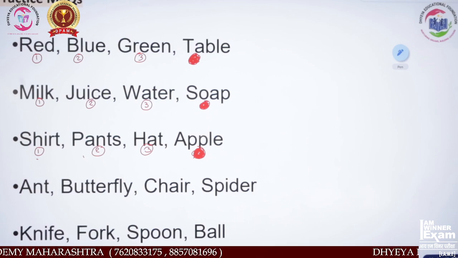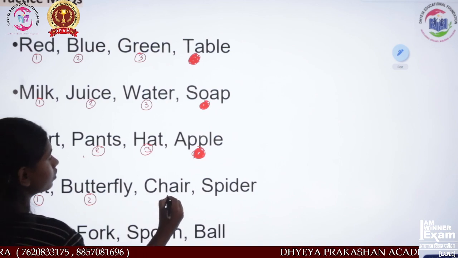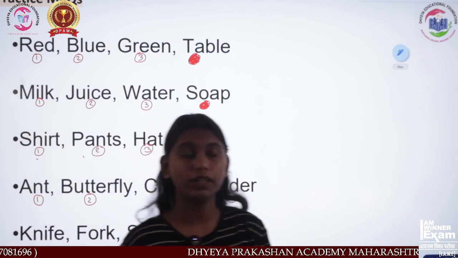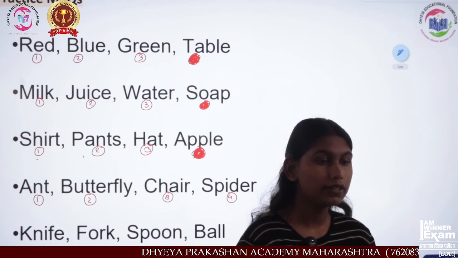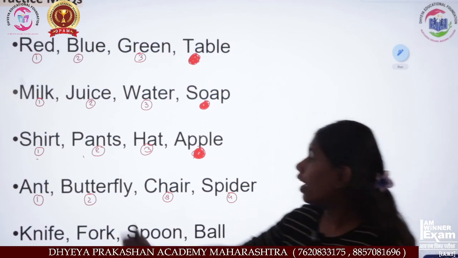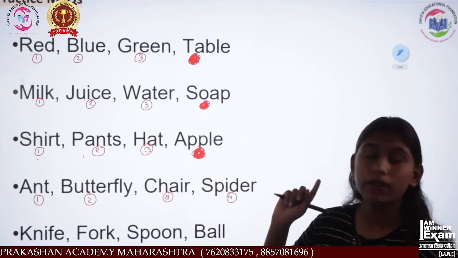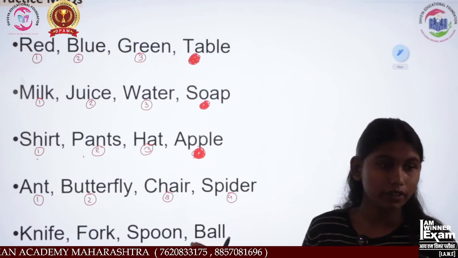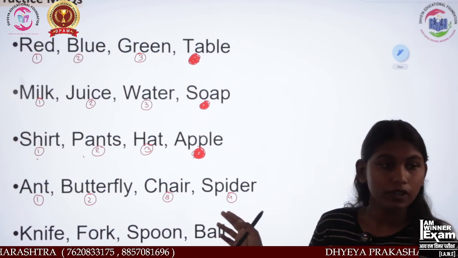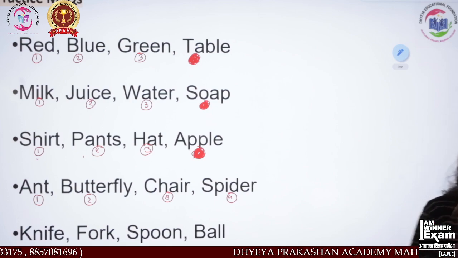Okay. Then next, that is ant, butterfly, chair and spider. Now in this, which is the different option?